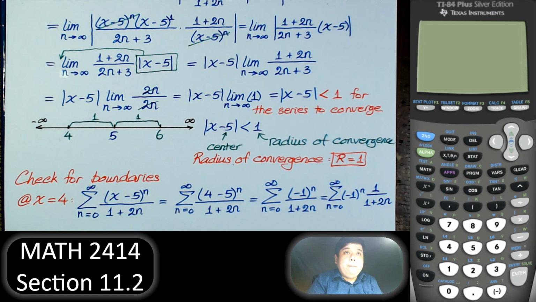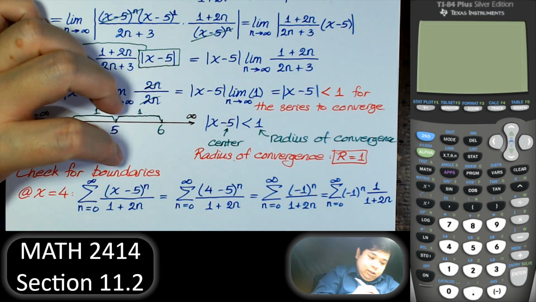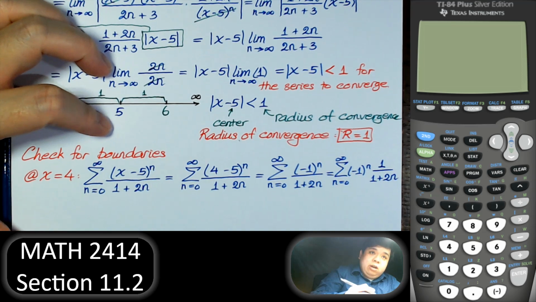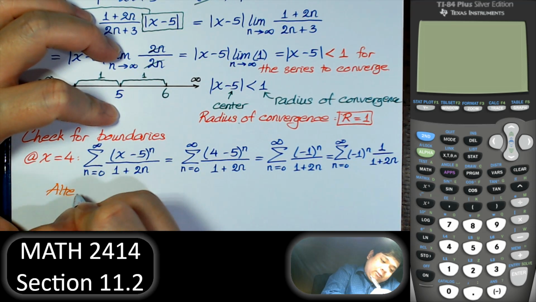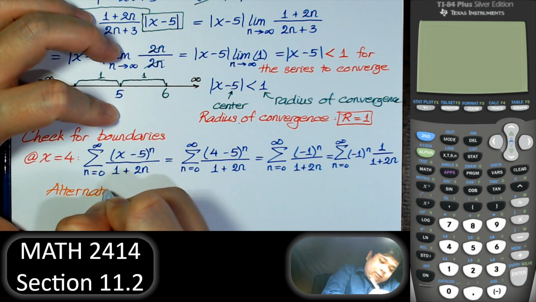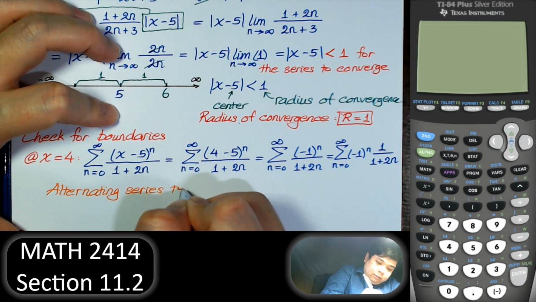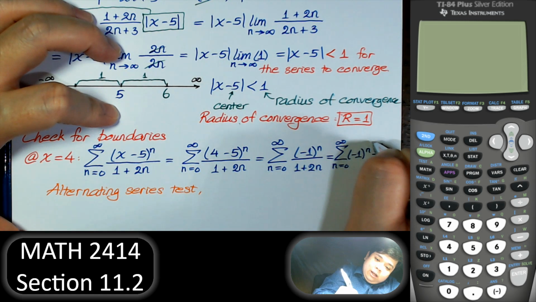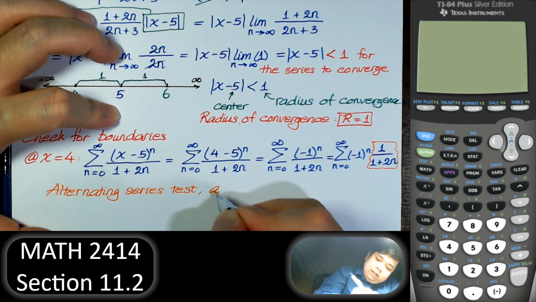Now, this is an alternating series, so we use the alternating series test, where we let this be a sub n.